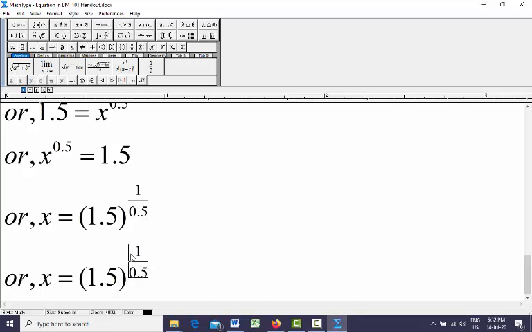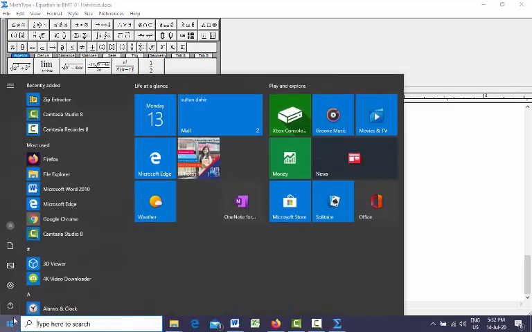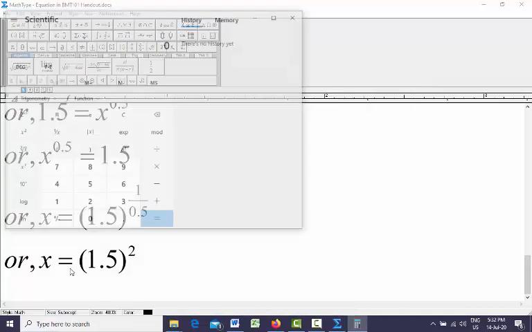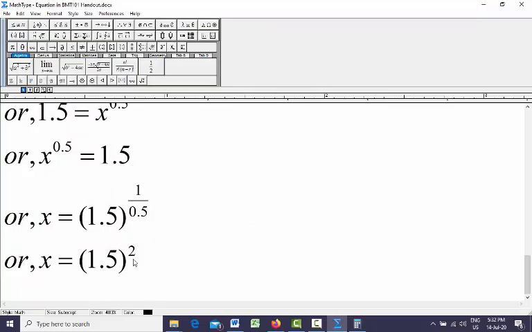So 1 by 0.5 means 2. If you divide it in the calculator, let me show you. Here is the calculator. If you see, 1 divided by 0.5, we get 2. So 1.5 squared is what?